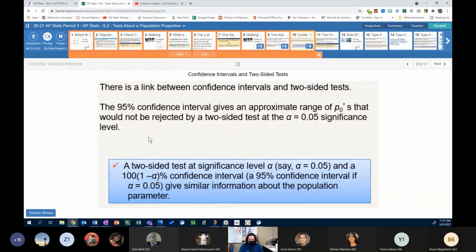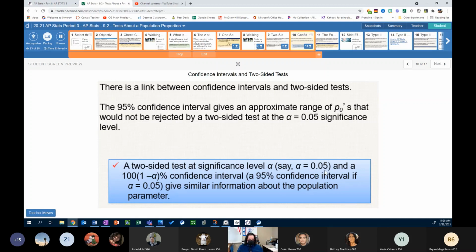The confidence interval tells us these are all the things that are plausible, which would lead us not to reject the null hypothesis. The stuff on the tails in a two-sided test is outside of our confidence interval, which would lead us to reject the null hypothesis.